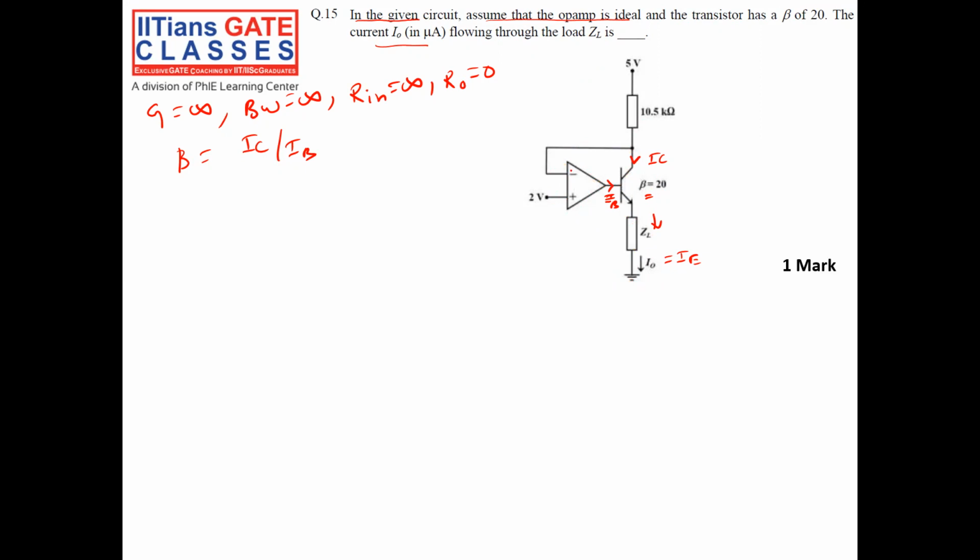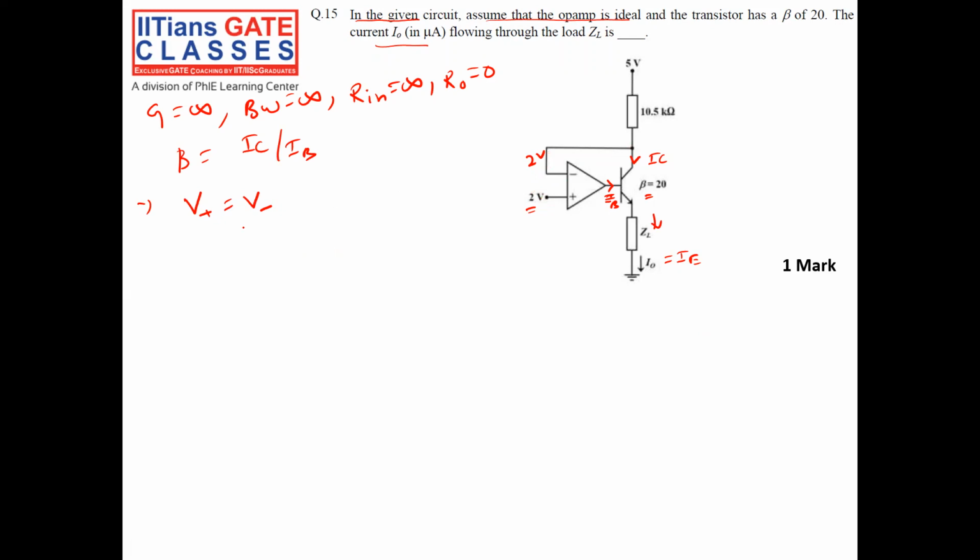Whenever the op-amp operates in negative feedback, it obeys a principle called virtual ground. In the virtual ground principle, the voltage at the positive terminal is equal to the voltage at the negative terminal. Because the voltage at the positive terminal is 2 volt, the voltage at the negative terminal should also be 2 volt.